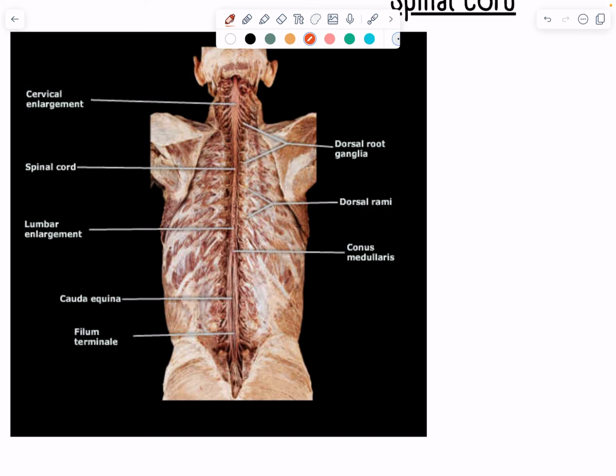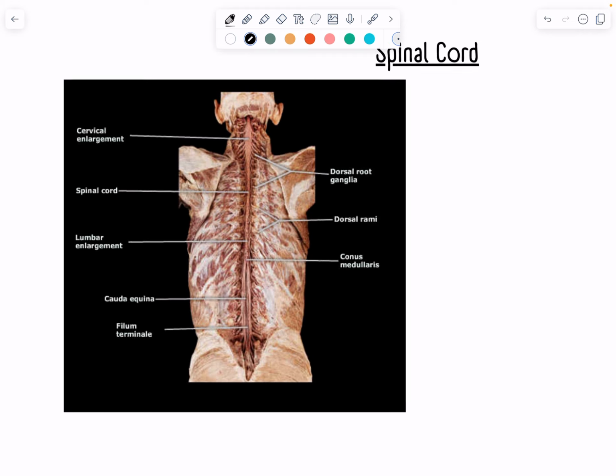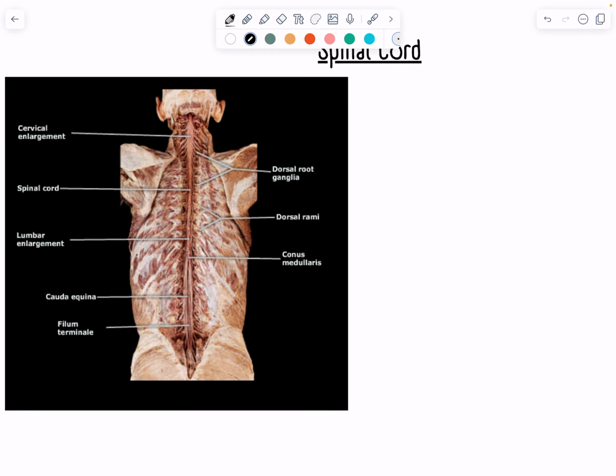So if I were to draw, let me draw over here. So here's my midbrain, here's my pons, here's my medulla oblongata, and then I have my spinal cord. Whoa, a little lopsided there. Now, I didn't add in the enlargements in my image.